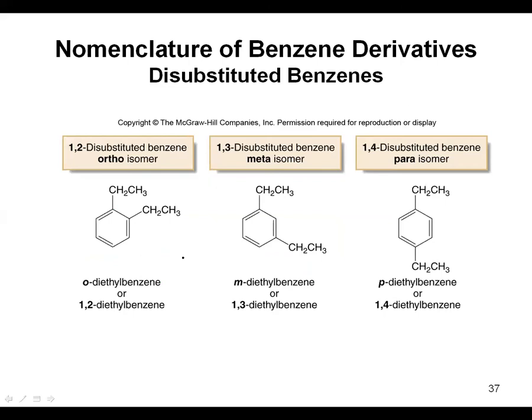Now, when we do have more than one group attached to a benzene ring, we do need to give some numbering. And when we number in a ring, we want to number to give everybody the smaller numbers like normal.